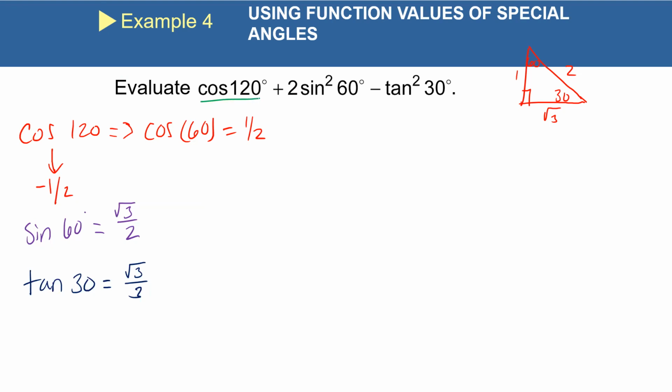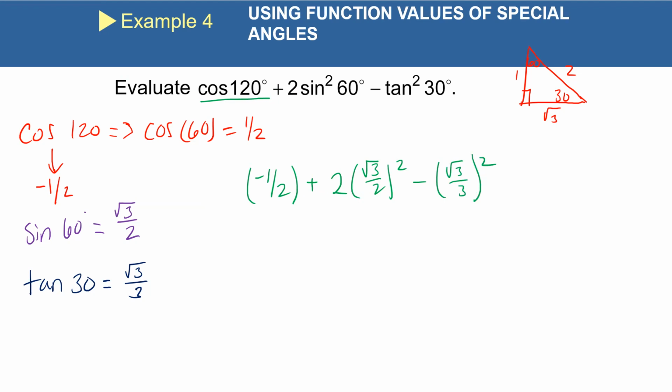So cosine of 120 becomes what? Negative 1/2, plus 2 times sine of 60, squared, minus the tan of 30, which is square root of 3 over 3, squared.